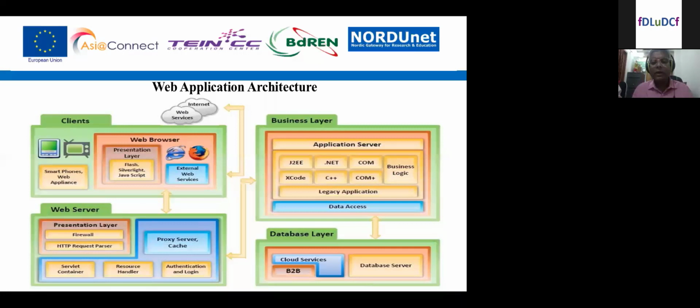In the web server there is a business layer, and in the business layer they have the .NET framework, C++, COM+, whatever you have in the business layer. And then after the business layer you will have the database layer. This is the architecture of web applications.